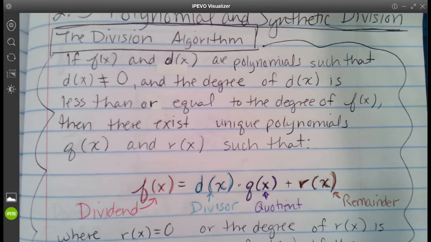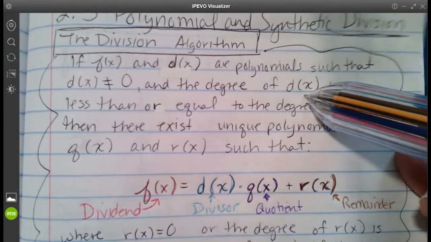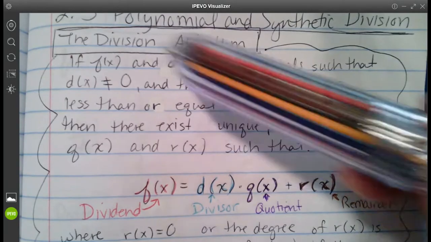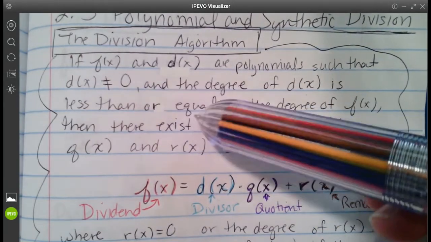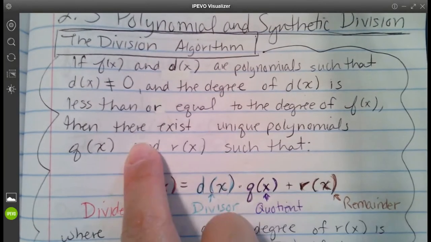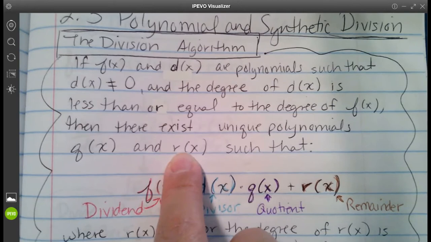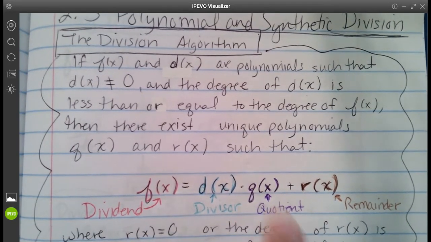It says if f of x and d of x are polynomials such that d of x is not equal to 0, and the degree of d is less than or equal to the degree of f, so this one has a smaller degree than this one, then there exists a unique polynomial q of x and r of x such that this is true.